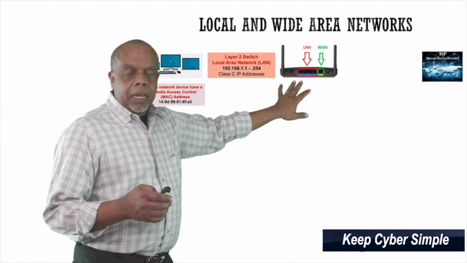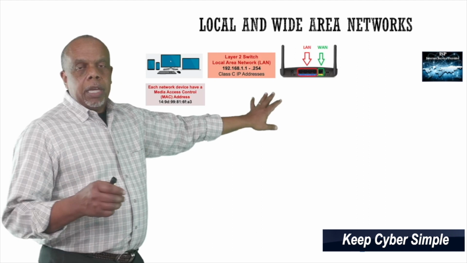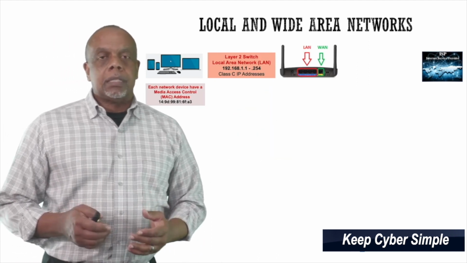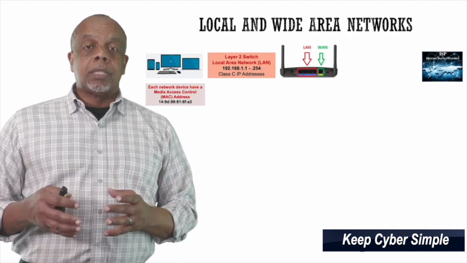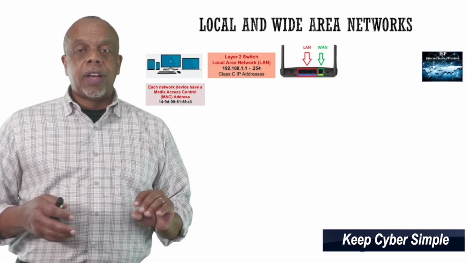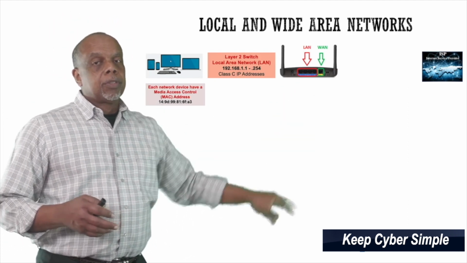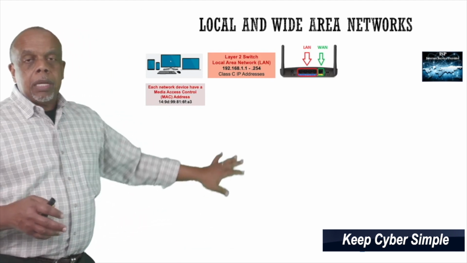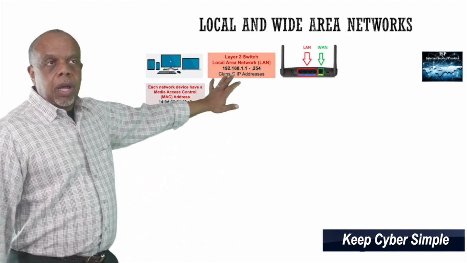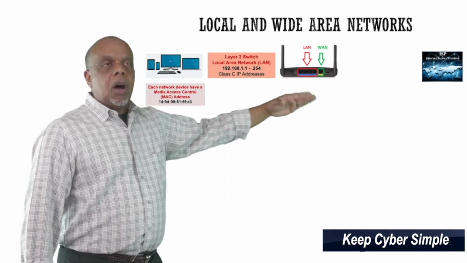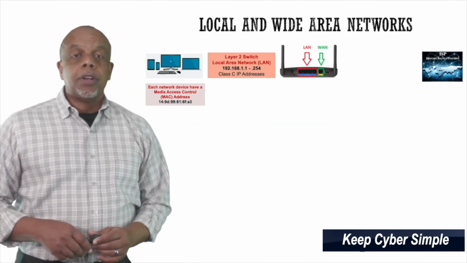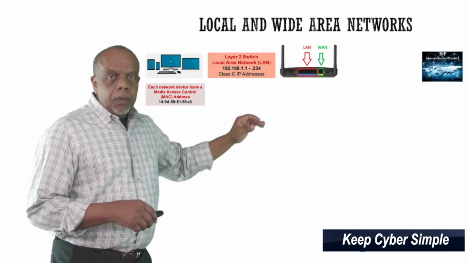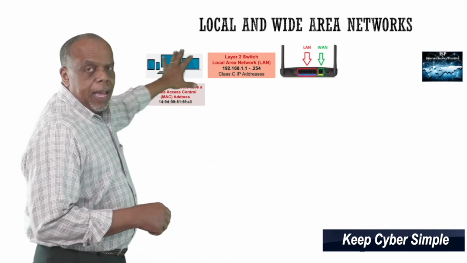Typically, out of the box, you have the ability to let it give 254 IP addresses. You can assign 254 devices to that LAN before you have to start doing something special to make it work. Basically 192.168.1.1 all the way to 192.168.1.254.